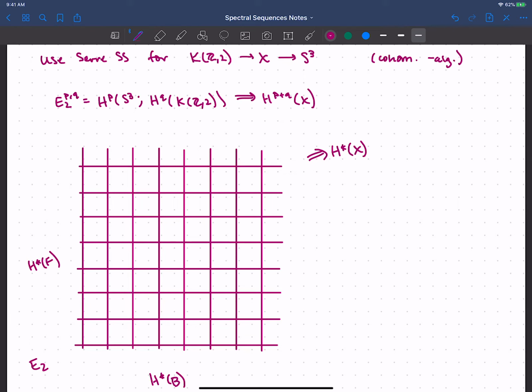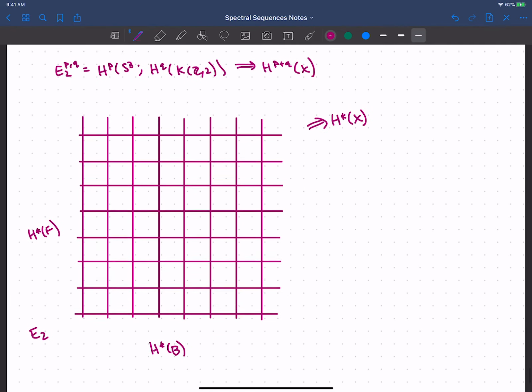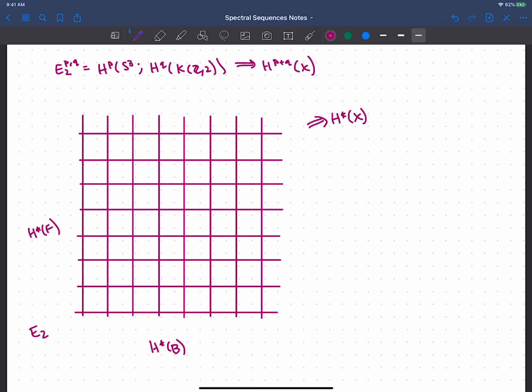Okay. And so I'm drawing this E2 page. And now let me get p and q as usual. Let me label these indices since I think they'll end up being important for us. Okay, I'm not actually going to go up that far, but that's fine. Okay, and let's start this computation.